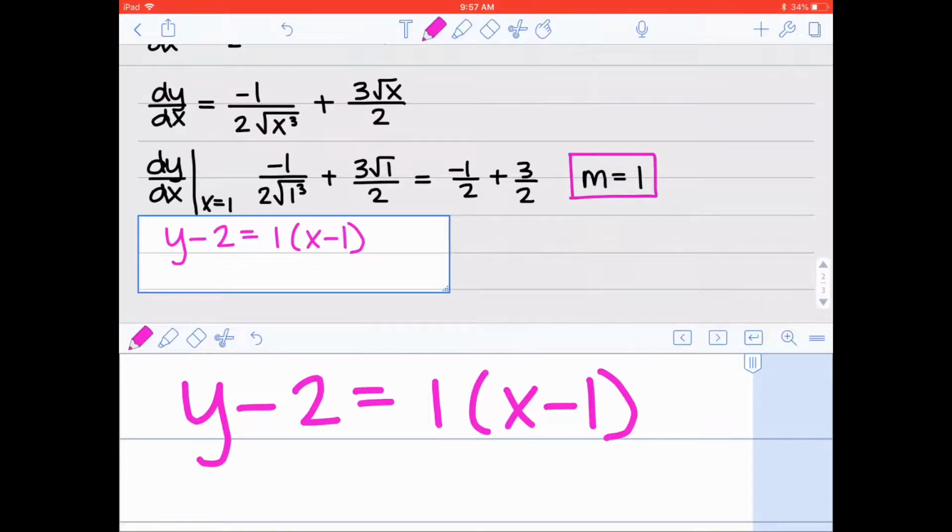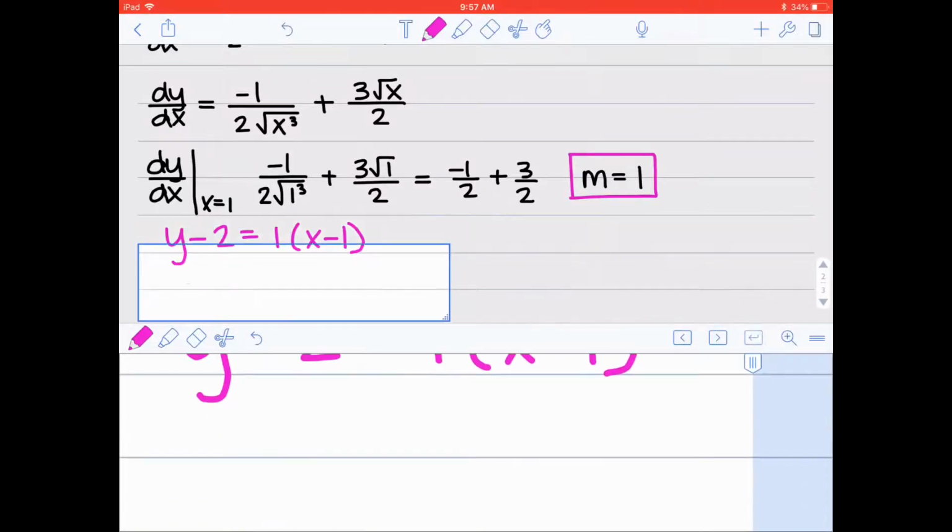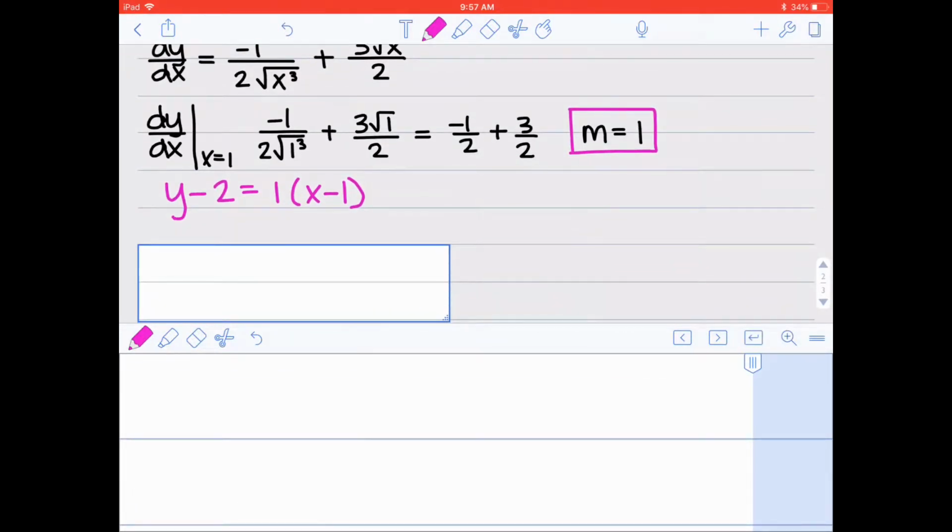All right, so we're going to add one more thing to our notes before we do the next example. So here we're going to go ahead and put the definition of what a normal line is.